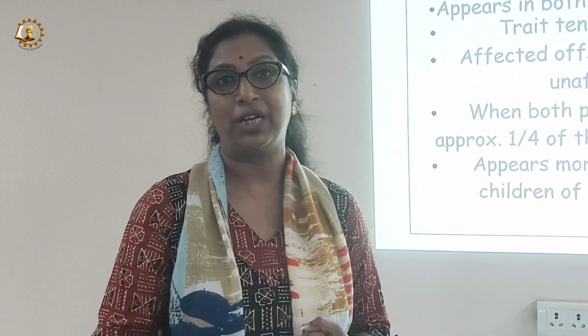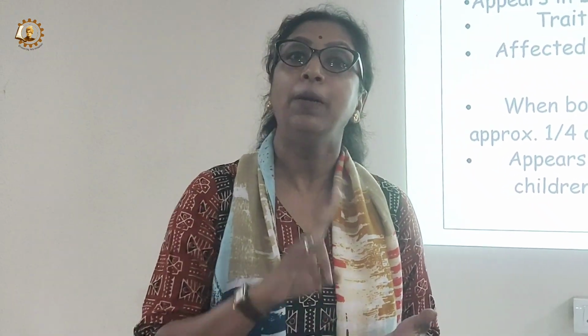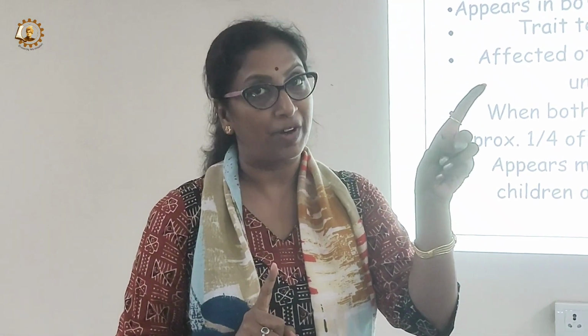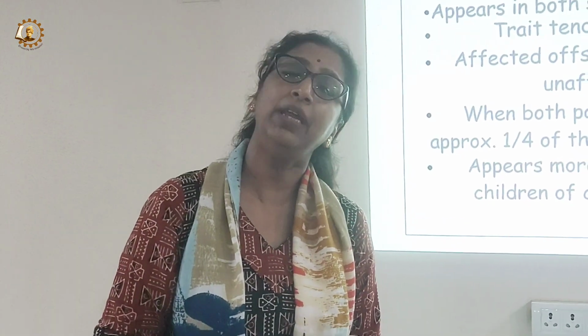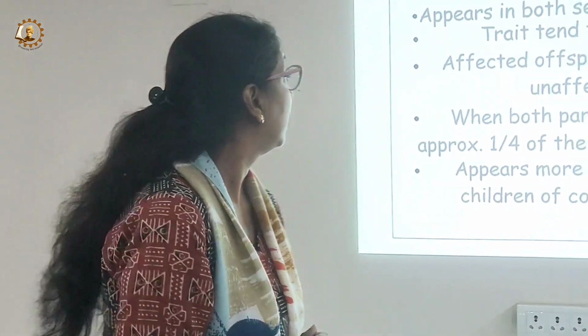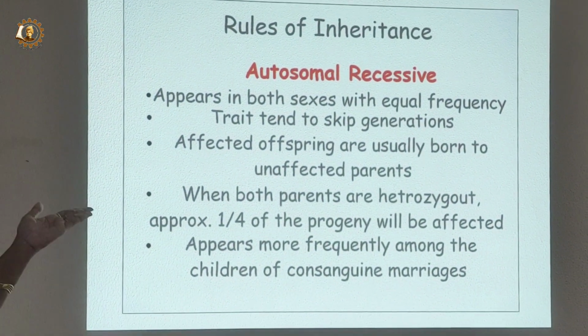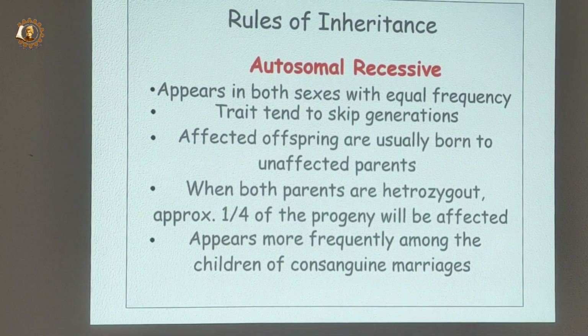When their son or daughter receives the recessive allele, one from the father and another from the mother, then he or she will be the affected one. When both parents are heterozygous, approximately 1/4, or 25%, of the progeny will be affected.